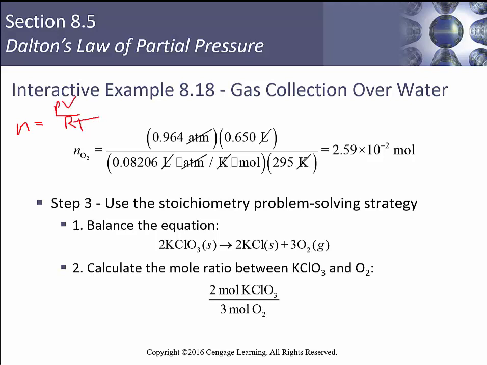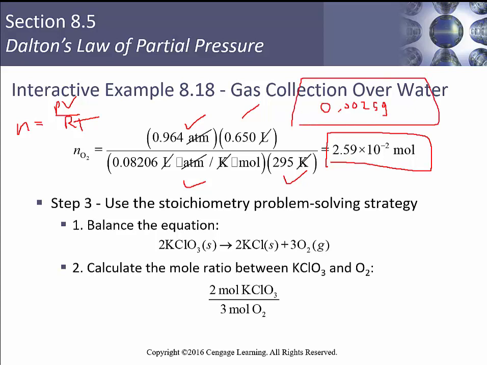We've got our pressure, 0.964 atmospheres, our volume, 0.65 liters, R, 0.08206, and our temperature, 295. And we get 2.59 times 10 to the minus 2 moles, so 0.0259 moles.